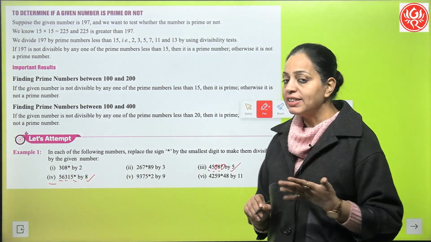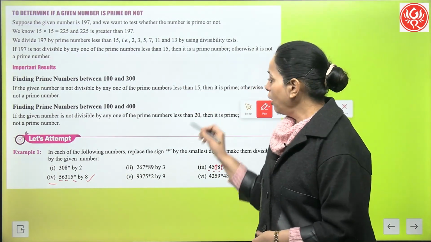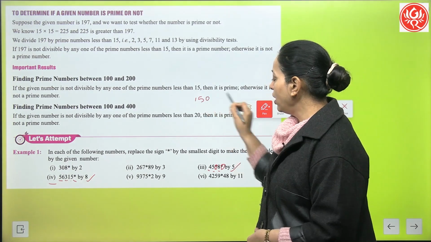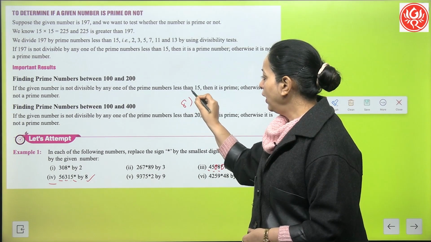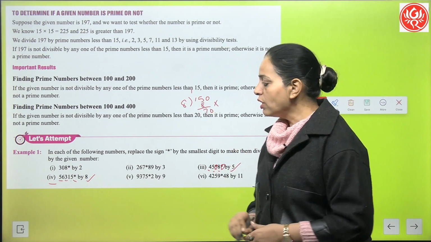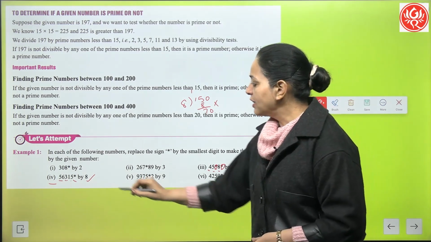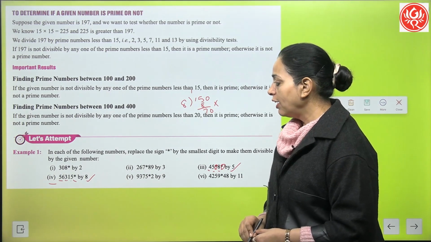We know 8 से हम कैसे चेक करते हैं? लास्ट का 3 digit number. If I take 150, is it divisible by 8? Check it. 8 ones are 8. No. So 0 is not possible. ऐसे 1 भी लेंगे तो 1 is not possible. तो हमें क्या लेना पड़ेगा यहाँ पर?